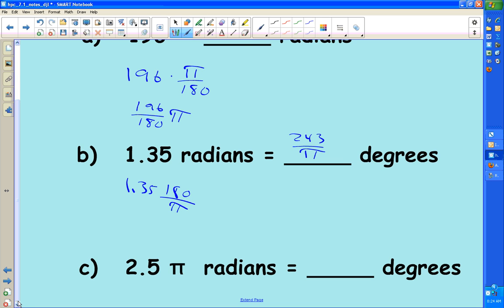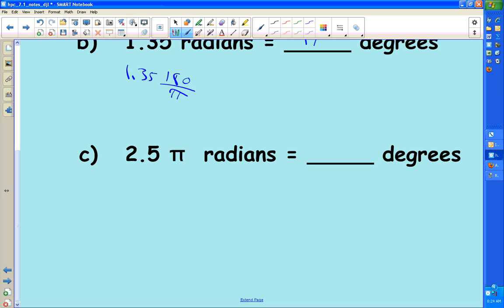In 2.5 pi radians, what are you going to multiply the 2.5 pi by? 180 over pi. So when you have this situation, the pi's cancel. And what's 2.5 times 180? 450.